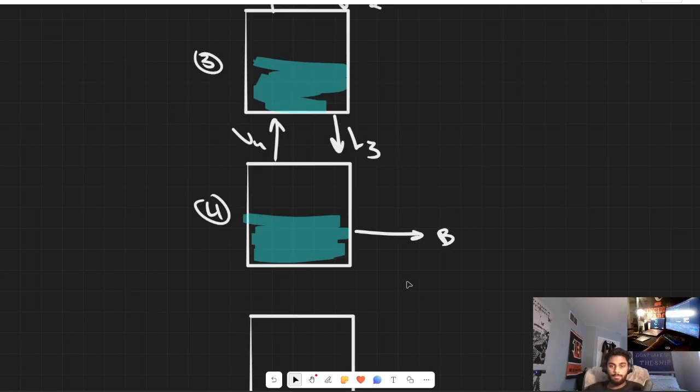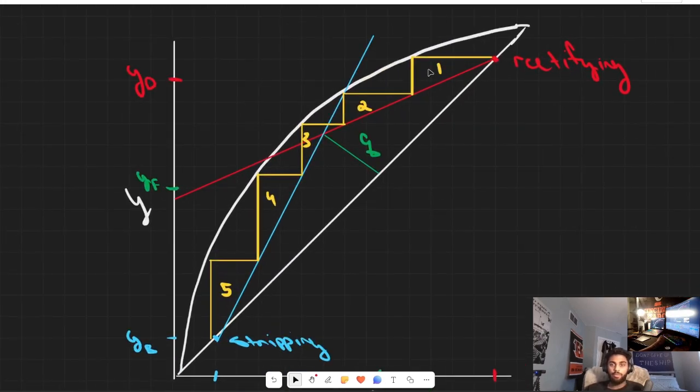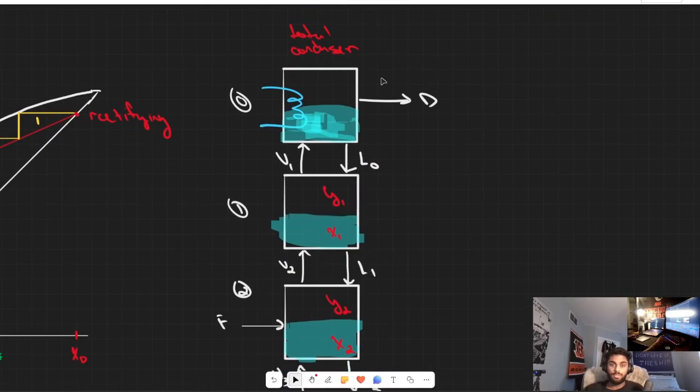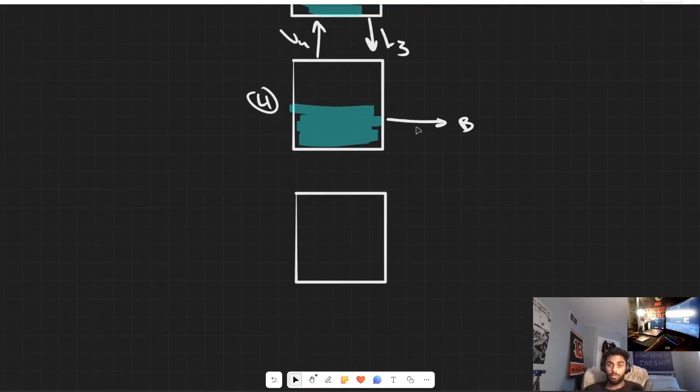But as you see, these little triangles that we have created, that relationship between our operating lines and our vapor liquid equilibrium lines, actually represents the number of theoretical stages or theoretical plates that we have in our distillation column. So each of these little units actually represents a plate in a real distillation column.